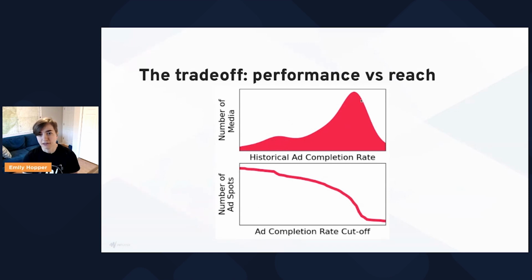So you can see that a bunch of our media have pretty high ad completion, and then there's another cluster around this level of ad completion rate historically. And if we're using that historical ad completion rate as a threshold, then this is the number of ad spots that are possibly available to us, just filtering on that. So you can see that as we increase that threshold, we massively drop off the number of ad spots available, especially at these much higher ad completion rates.